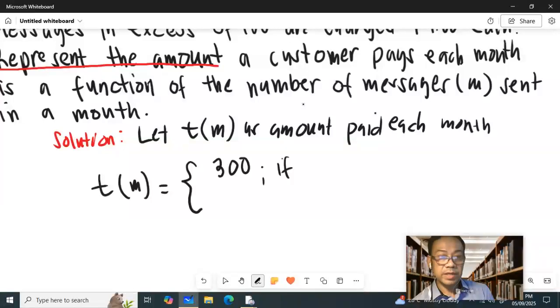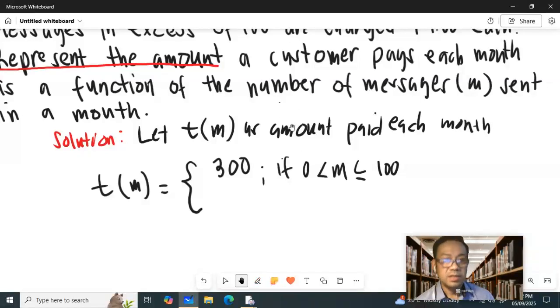We will create the condition, if the message, let m be the message, is in between no message at all or 0 and 100, including 100 messages. So again, if m is greater than 0 but less than or equal to 100, our charge is 300 pesos. Okay? So that is the first rule or the first condition.